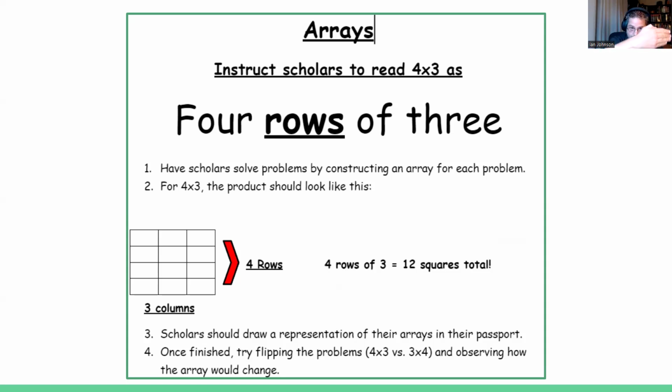So they have 4 rows of 3 columns, which gives you 12 squares total. You're actively going to have them make the arrays with squares at this station, putting together each problem and making an array right there in front of you. When they get comfortable, the I do portion is drawing their arrays in their passports, a miniature version of this in each one.